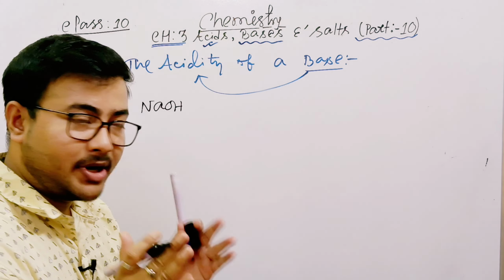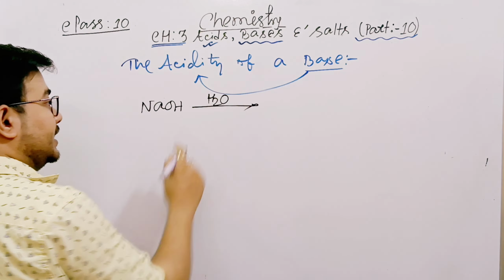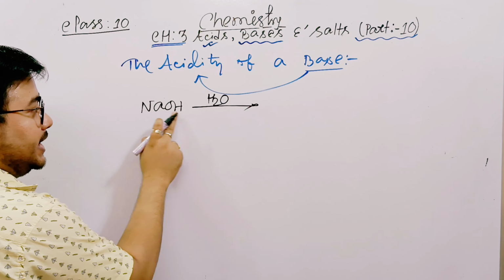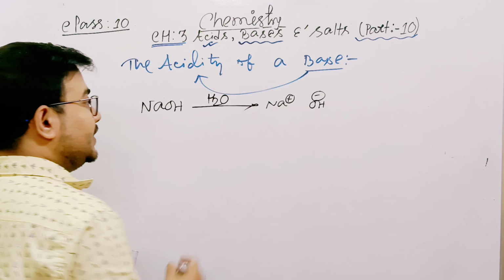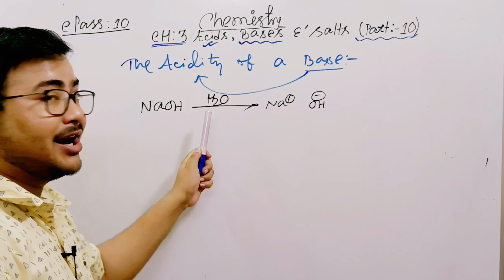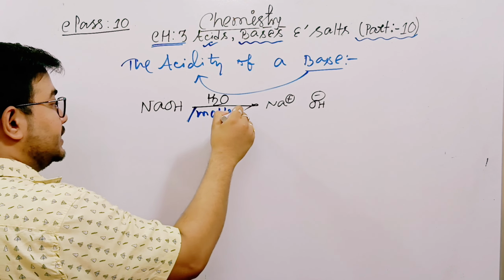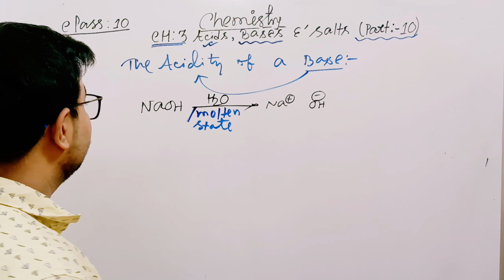If this compound is in aqueous medium, meaning water, after dissociation it produces Na plus and OH minus. In aqueous medium or in molten state, anyone.